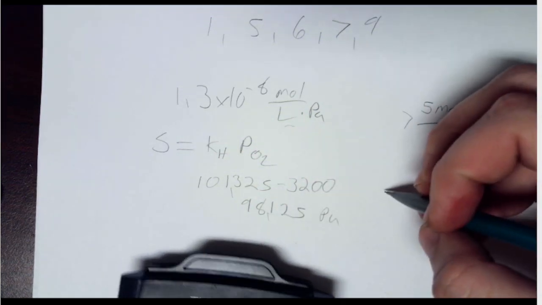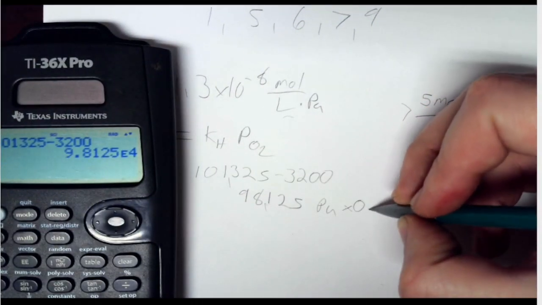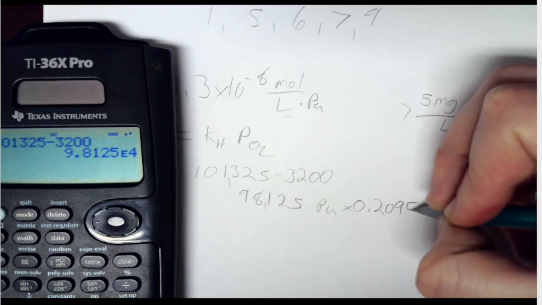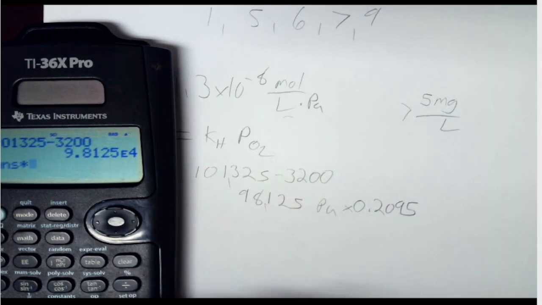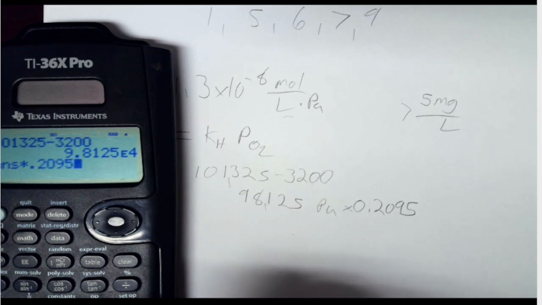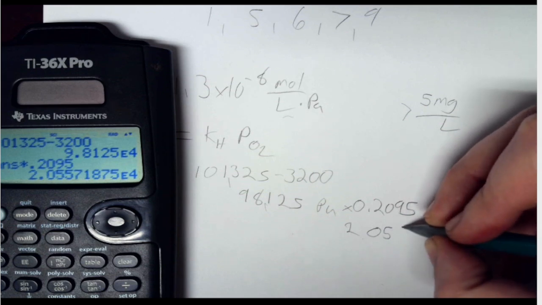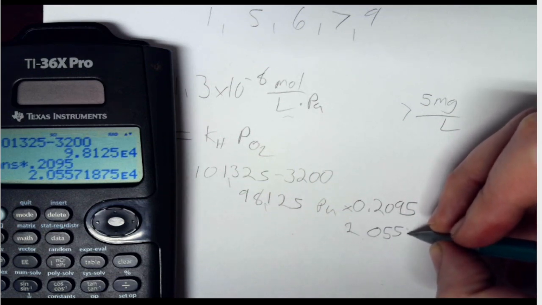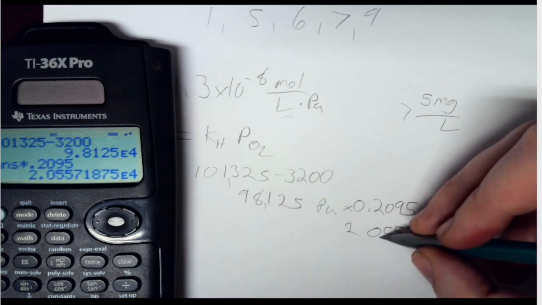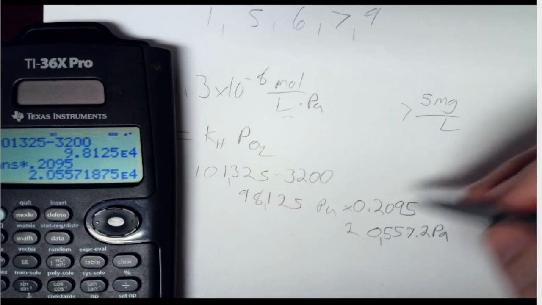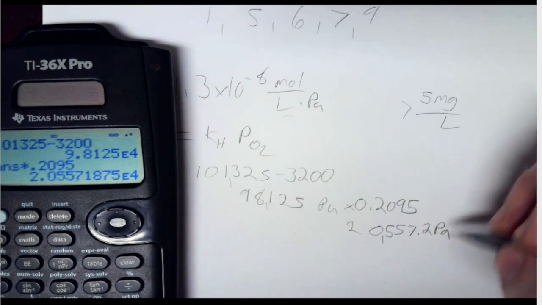Now, oxygen is about 20%, close to 21% of the atmosphere. So the pressure of oxygen is actually closer to 20,557.2 pascals. So about 20,000 pascals coming from oxygen.